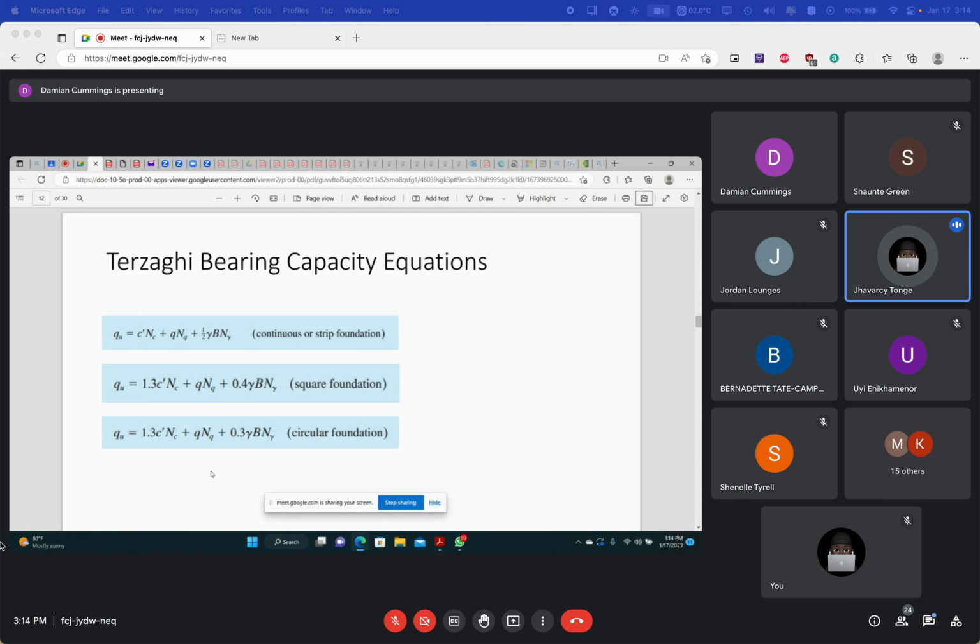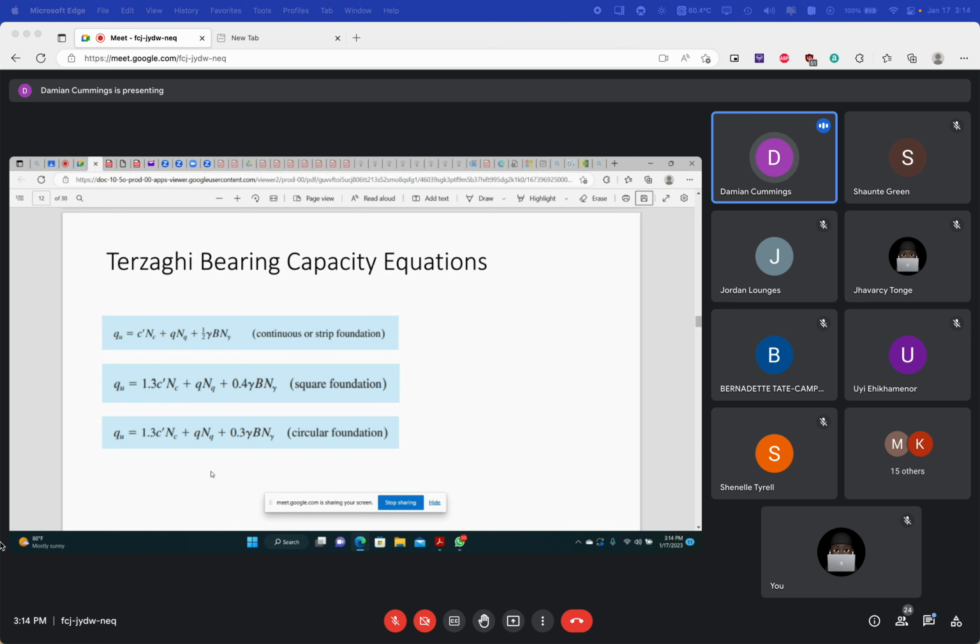Sir, can you repeat what q is again? It's the stress acting at the bottom of the foundation from the soil, the overburden pressure from the soil itself. So it's the unit weight of the soil times the depth of the foundation. So it's measured in kilonewtons per meter squared. Good.